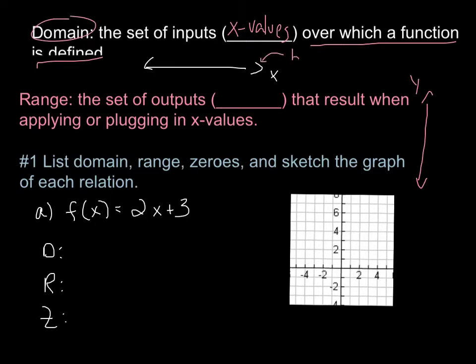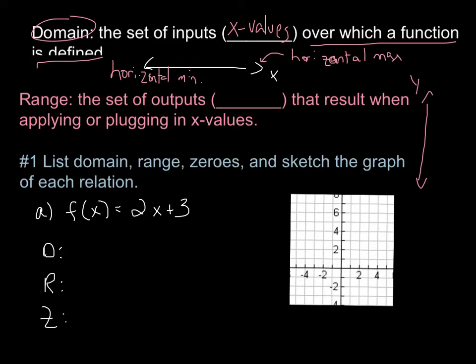The right endpoint is called the horizontal max. And the left endpoint is called the horizontal minimum. So the domain is how far the function goes left and right.